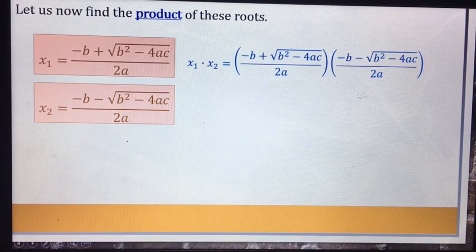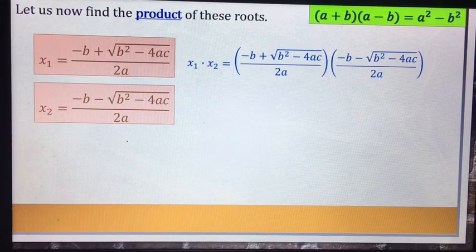When multiplying fractions, numerator times numerator and denominator times denominator. If you have noticed, our numerators are in the form of the product of the sum and difference of two terms.